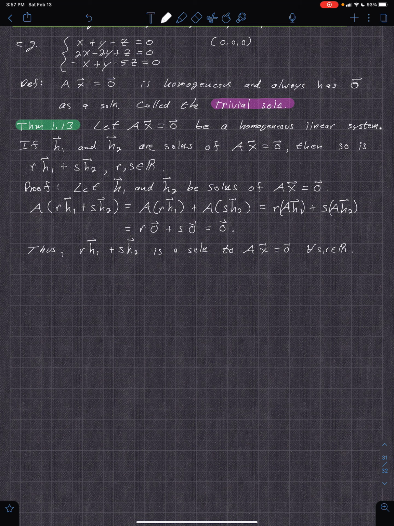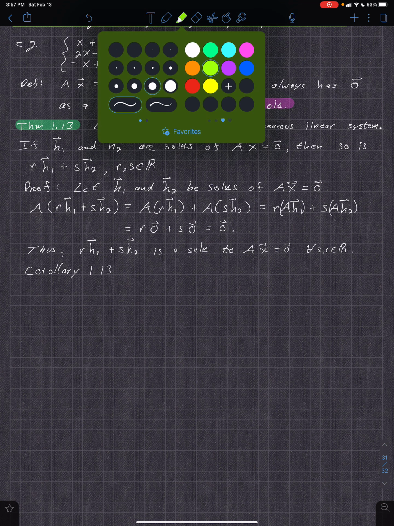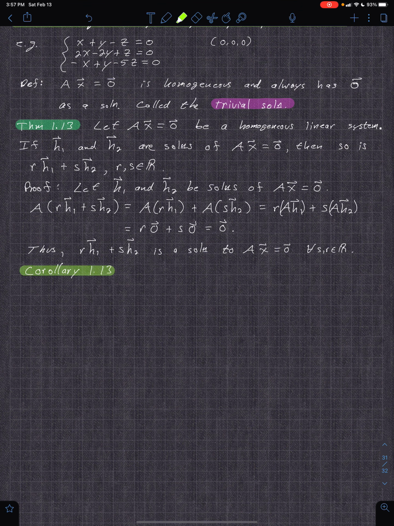So this leads us to a general statement, which is a corollary. A corollary is a result of a theorem, sometimes more pertinent, sometimes more general, depends. So corollary 1.13 says this: every linear combination of solutions of a homogeneous system is again a solution.